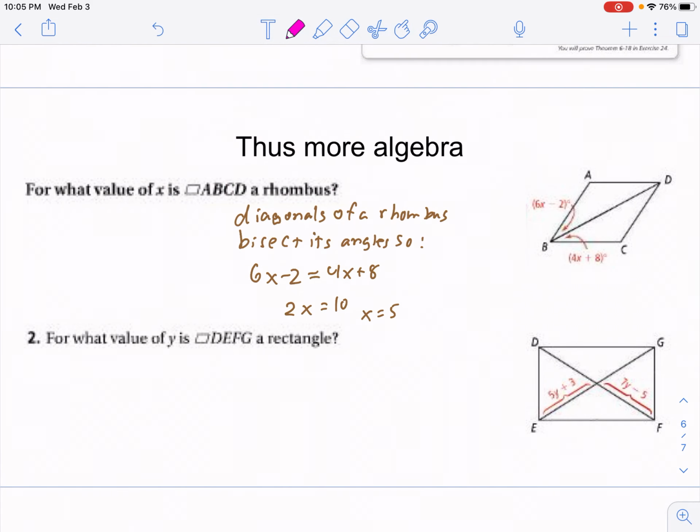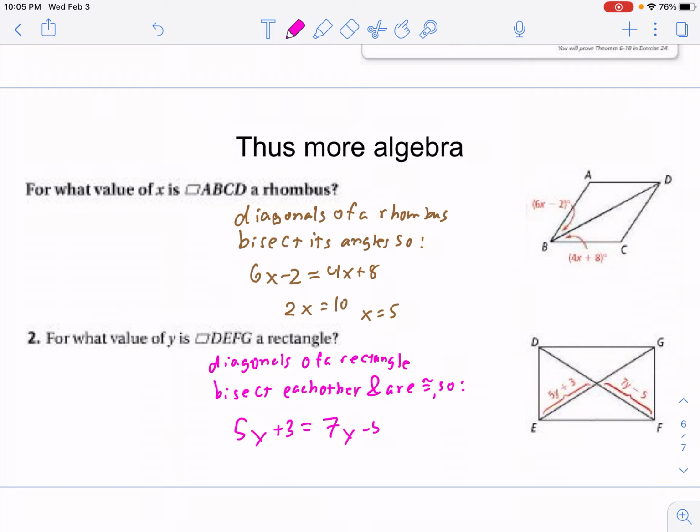And in a rectangle, the diagonals bisect each other and are equal. So these must once again be equal. Looks like y equals 4.